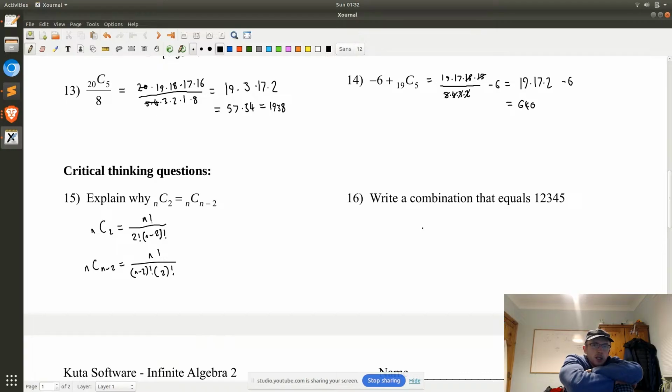A combination that equals 1, 2, 3, 4, 5. Just play with this.